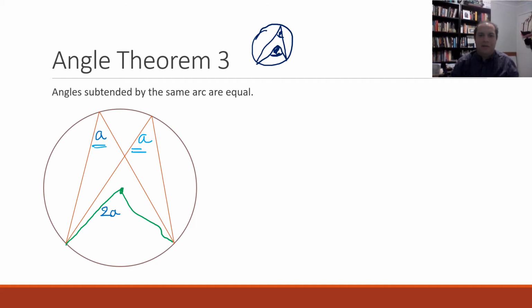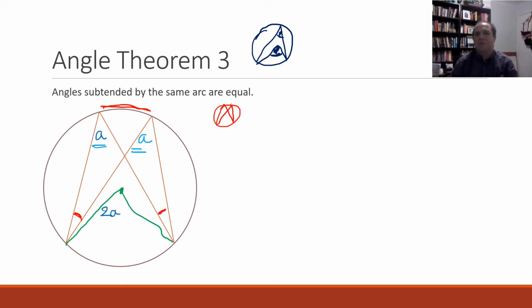Now, funnily enough, you can also show that these angles here at the bottom are also exactly the same, because once again, they're subtended by the same arc, this one here. So the angles at the top and the angles at the bottom are both the same, and the symbol we use for that is just like the one we use here. We've got the triangles.